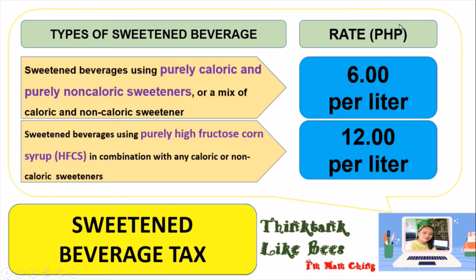An example of purely high fructose corn syrup is powdered juice. Meaning to say, if you purchase it for 18 pesos, then the original product is only 6 pesos and the 12 pesos is the tax.